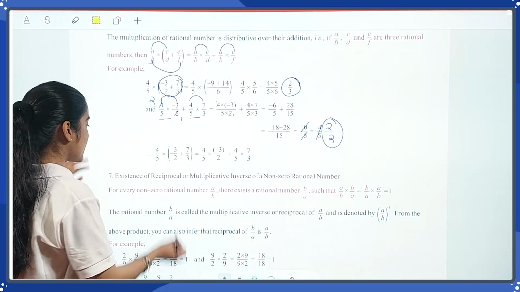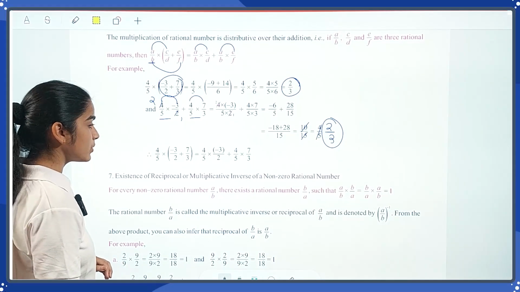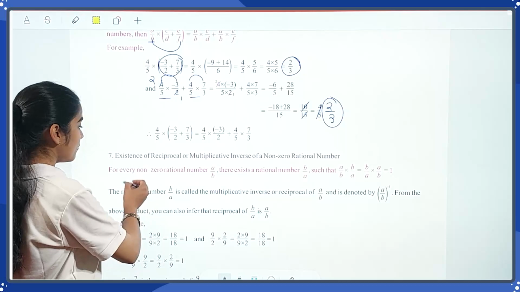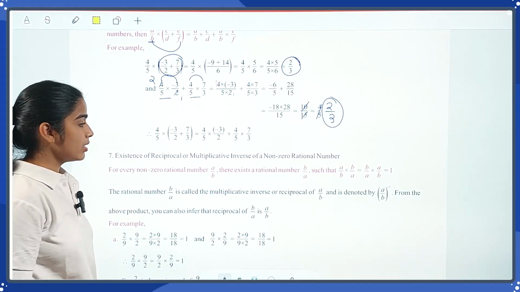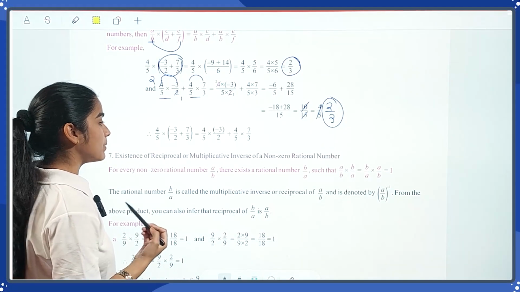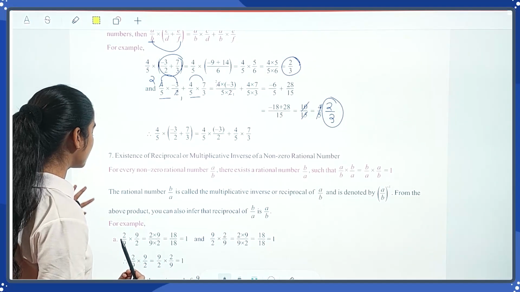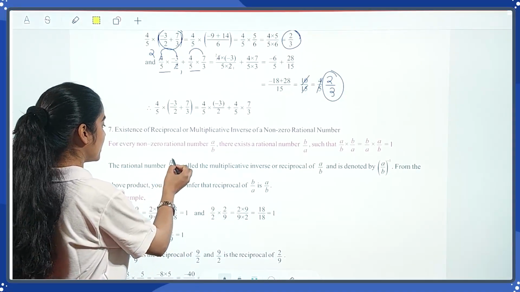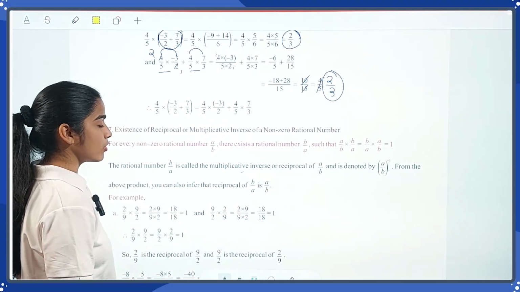Now, existence of the reciprocal or multiplicative inverse of a nonzero rational number. For every nonzero rational number a by b, there exists a rational number b by a such that a by b multiplied by b by a is equal to b by a multiplied by a by b, which is equal to 1. The rational number b by a is called the multiplicative inverse or reciprocal of a by b.